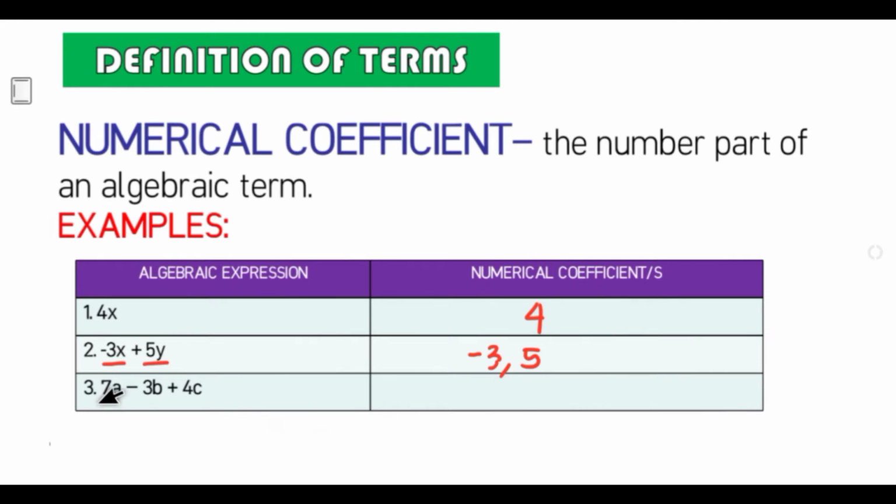So, for number 3, we have 3 terms: 7a, negative 3b, and then 4c. So, ang number part ng 7a is positive 7. And then, ang number part ng negative 3b is negative 3. And then, ang number part ng 4c ay positive 4. So, tandaan natin, pag numerical coefficient, per term, yung number part doon, yun yung numerical coefficient.